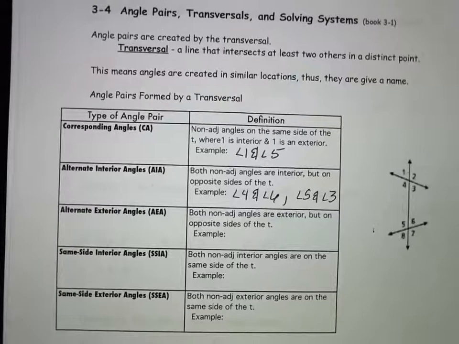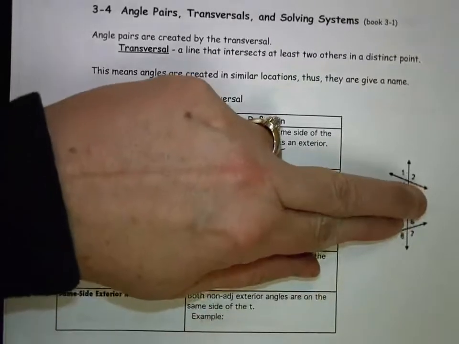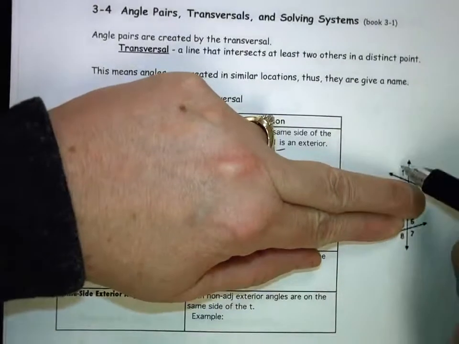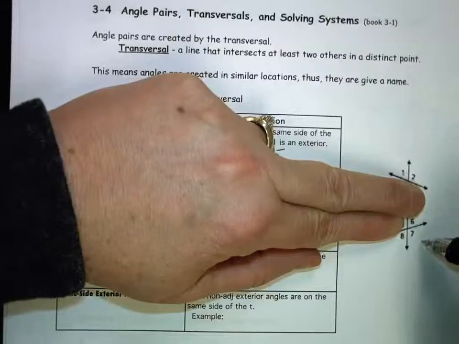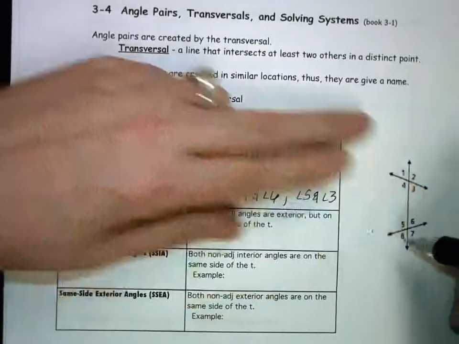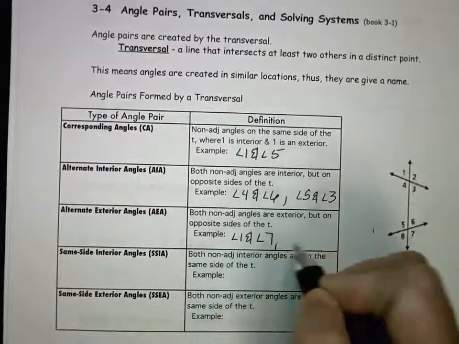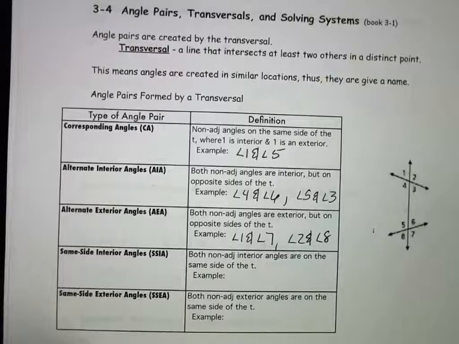Both non-adjacent angles are exterior, but on opposite sides of the transversal. And I guess I should say by exterior, I mean outside of those two lines. So alternate exterior would be 1 and 7, or 2 and 8. So there are 2 pairs of alternate exterior angles.